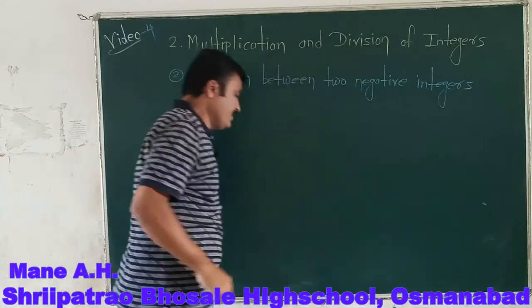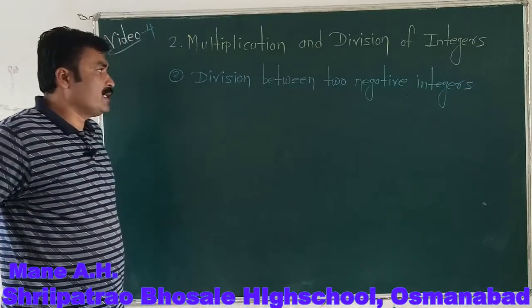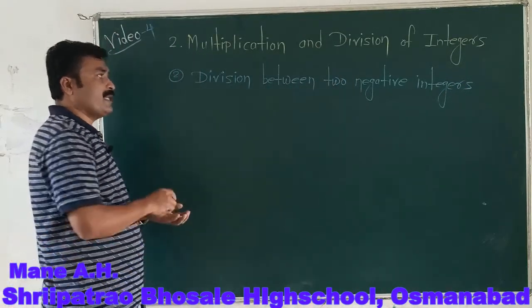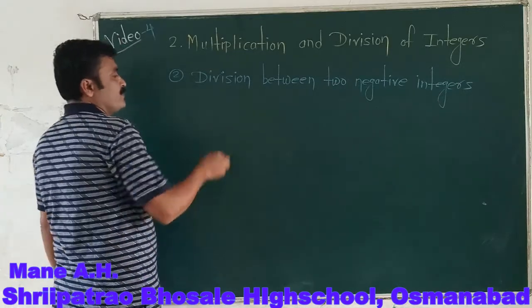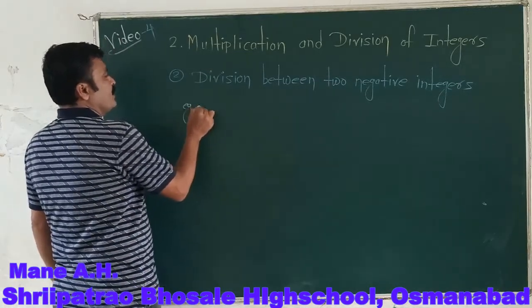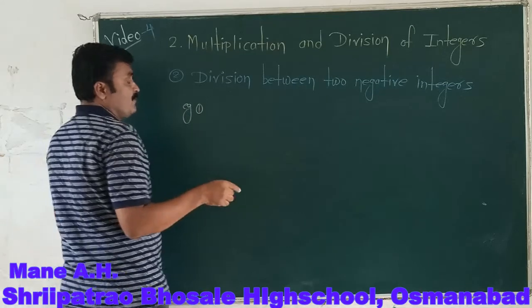So while getting the division between these negative integers here, the method that we are explaining here. So again here I am taking two examples in front of you.